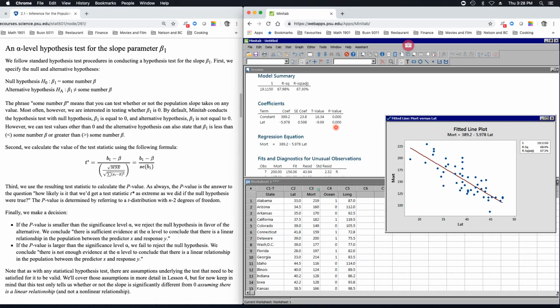In this case, it doesn't really make any difference because Minitab is telling us that the two-tail p-value is 0.000, so the one-tail p-value is half of that, so it's still essentially 0. In other examples, we might want to do an upper tail test, then we would have greater than 0 in the alternative hypothesis, and then our p-value would be the tail area to the right of the test statistic.